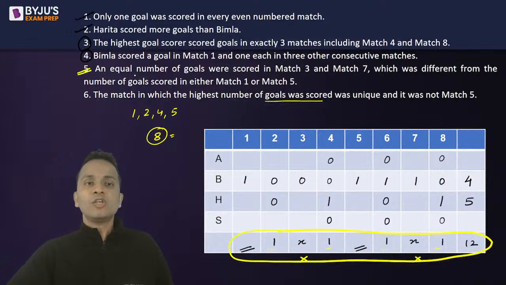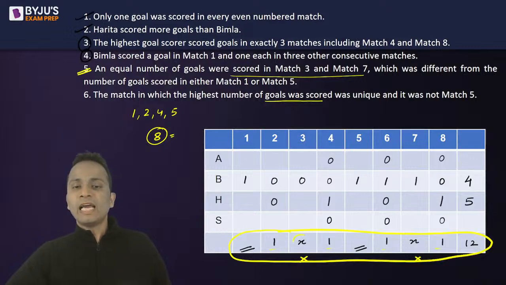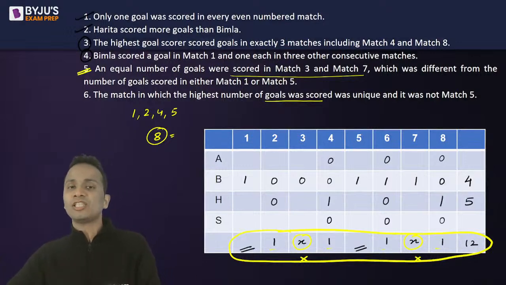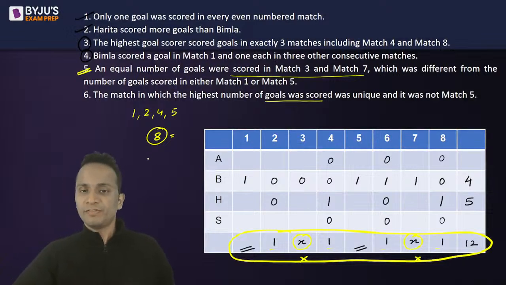An equal number of goals were scored in match 3 and match 7. I have written it as X and X, 3 and 7, which was different from the goals scored in either match number 1 or match number 5. Okay? So X, X should be two equal values.